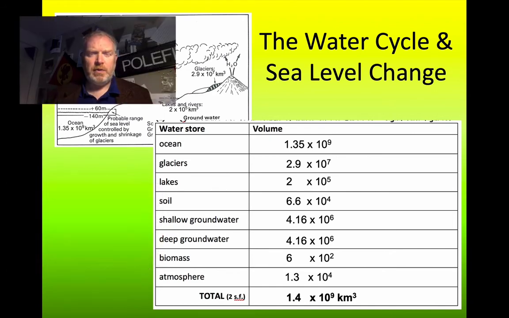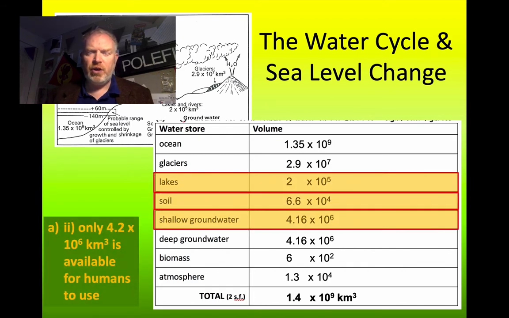Okay, that seems like a big number. But if we think about for a moment how much of that we can actually use to supply the needs of all us, really we've only got 3 sources of fresh water at or close to the surface that we can easily access. Either lakes, soil or shallow groundwater.